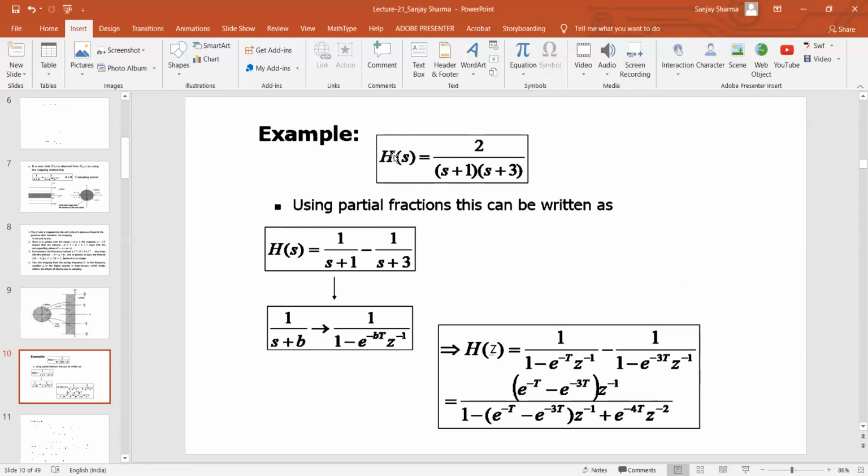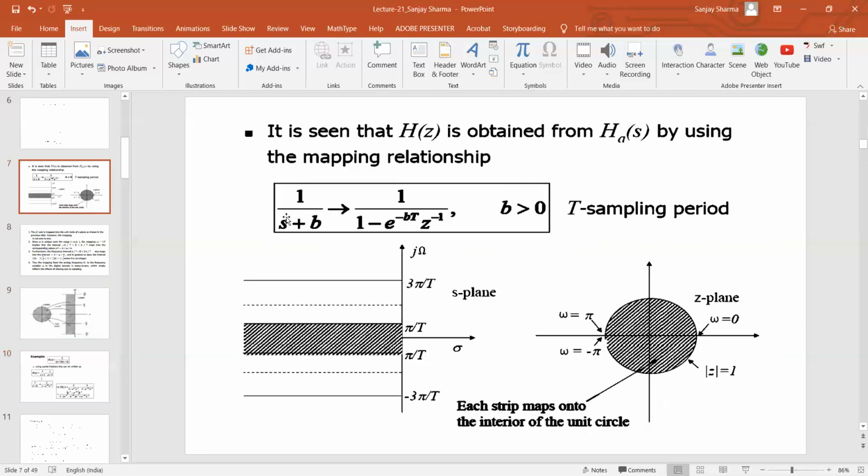Now, H(s), the system function of the analog filter, let's say is 2 by (s plus 1)(s plus 3). By using partial fractions, I can convert it into 1 over s plus 1 minus 1 over s plus 3. And using the same transformation, 1 over s plus b in the analog domain goes into 1 over 1 minus e to the power minus bT z to the power minus 1 in the digital domain.